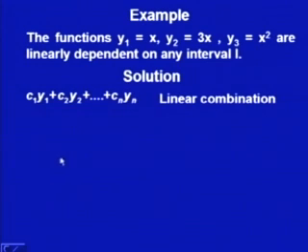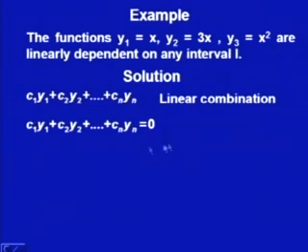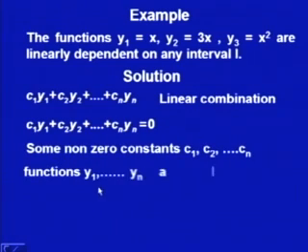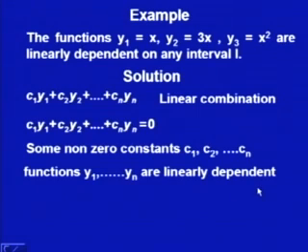Now, if this linear combination is identically equal to 0 for some constants C1, C2, ..., Cn which are not all 0, that is for some non-zero constants, then we call y1, y2, ..., yn linearly dependent.